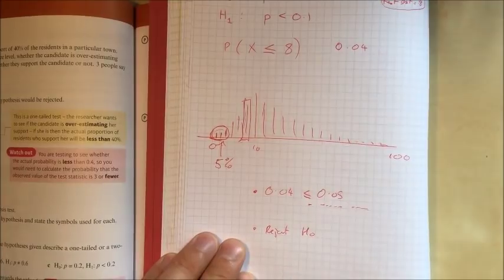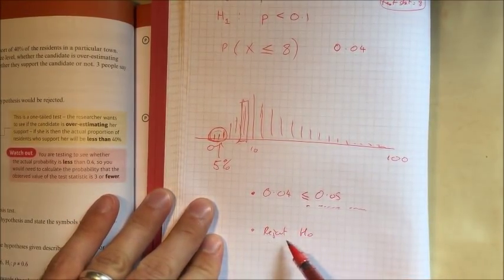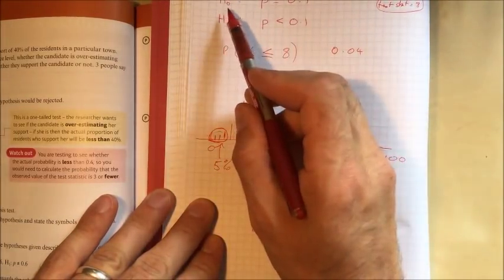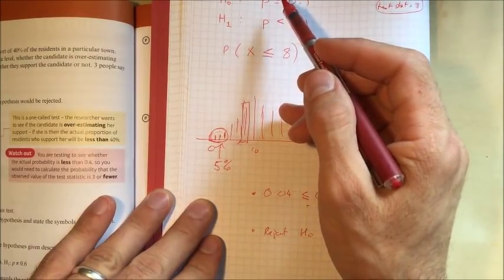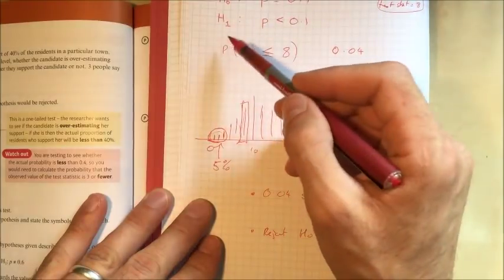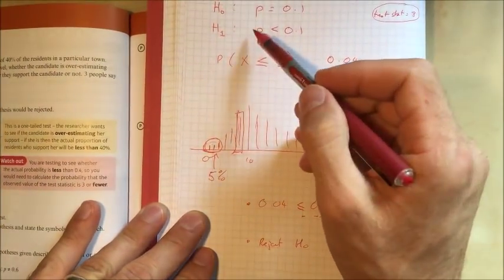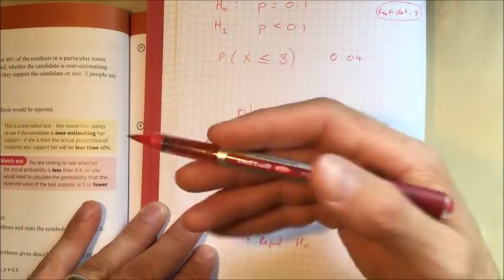Now, I'm very careful always about not saying that we're going to accept H1. We're going to reject H0. We assume at the start of the question that H0 is true, therefore we can reject it. It's fair enough, I suppose, to say accept H1. What I would never do is say reject H1, because we've never assumed that H1 was true in the first place. Now, on the mark scheme, they are perfectly happy, apparently, with reject H1, even though we never assumed it was true.